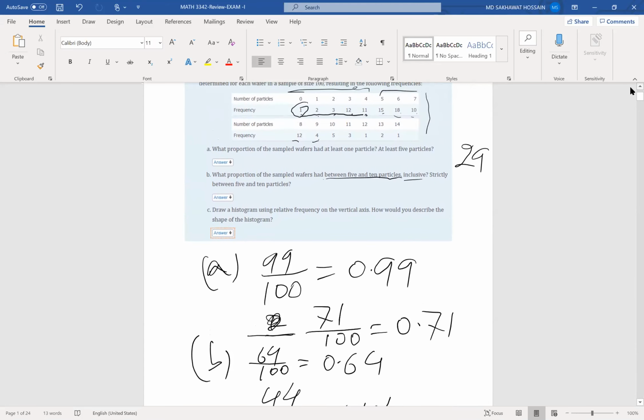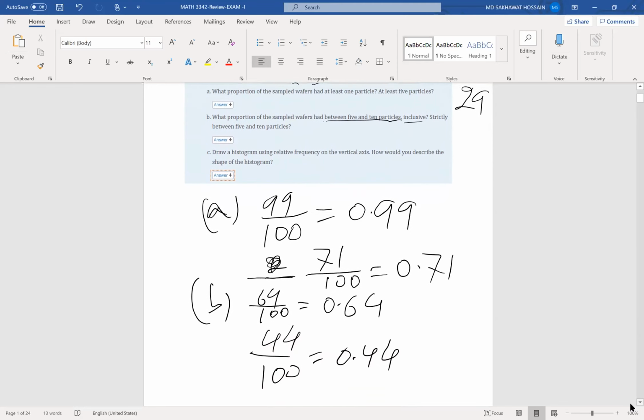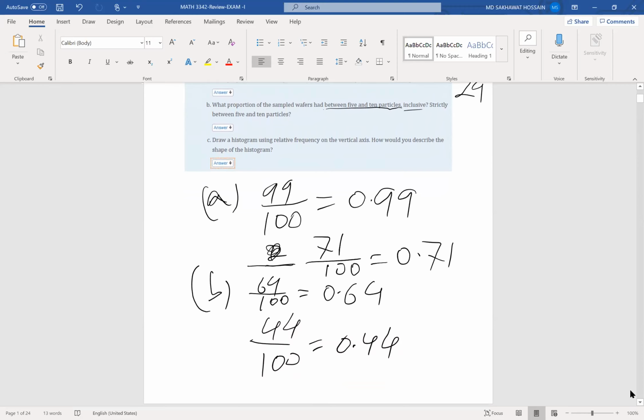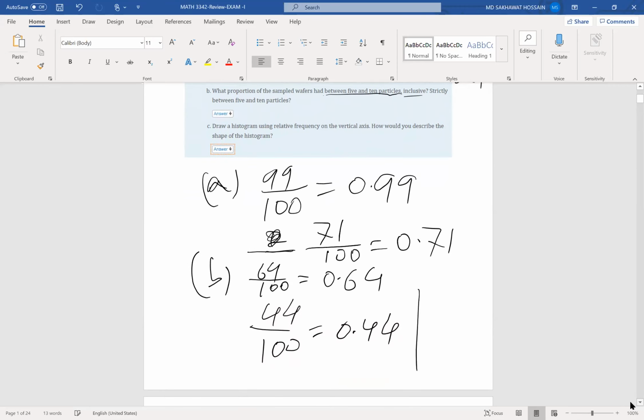So relative frequency means you have to consider the proportion. On the vertical axis you have to consider the proportion, and on the horizontal axis it will be the number of particles. And you have to construct a histogram. Okay, so I'm not going to do this one, but I can give you the idea.